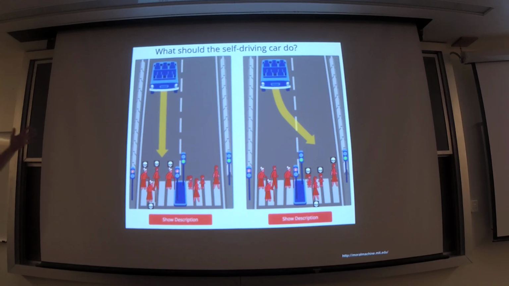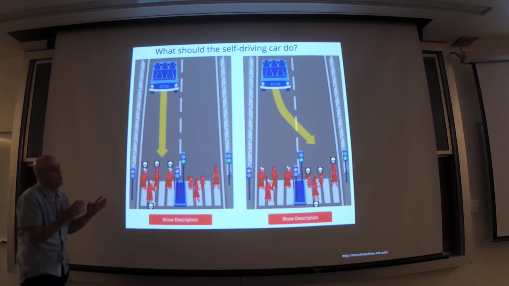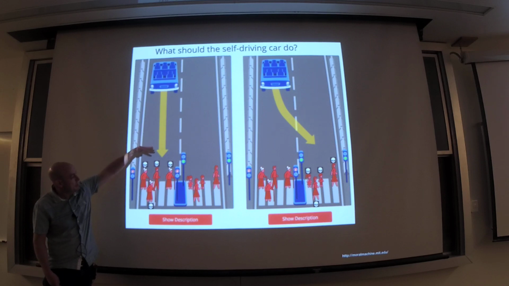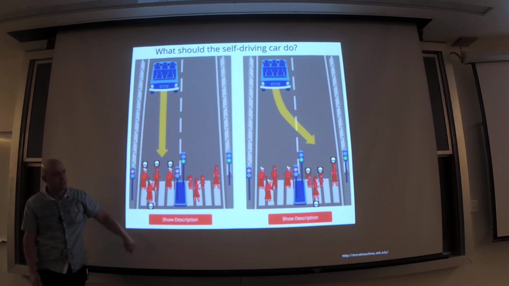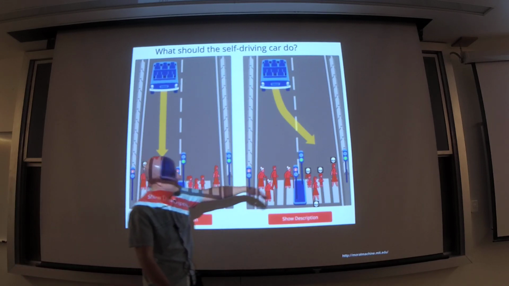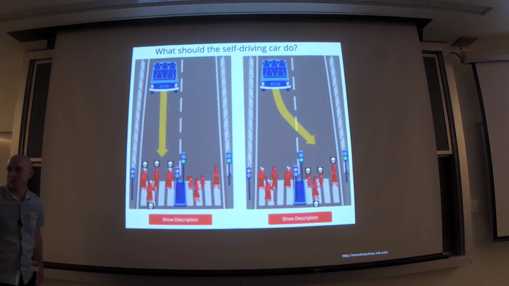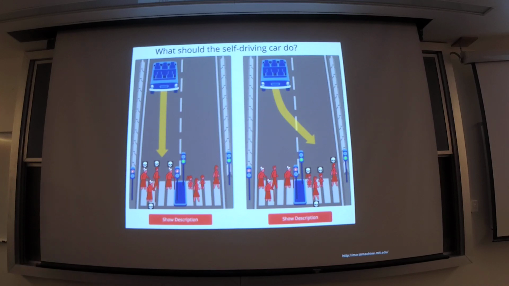It's an empty car, nobody's driving it, it's just a self-driving car, but apparently, because of its speed and these barriers, it can only do one of two things. It can keep going straight, in which case it will kill all these people, or it can swerve to the left, in which case it will kill all these people. And you get to choose which one it should do.